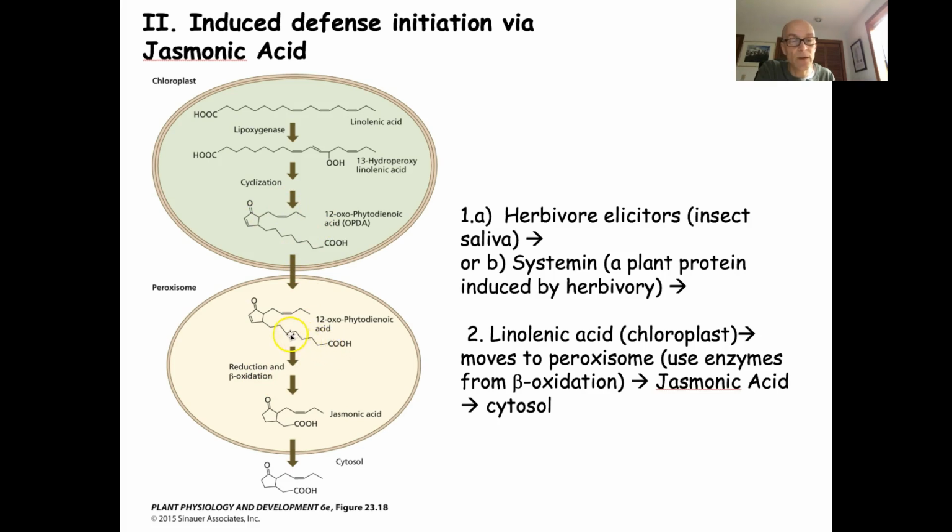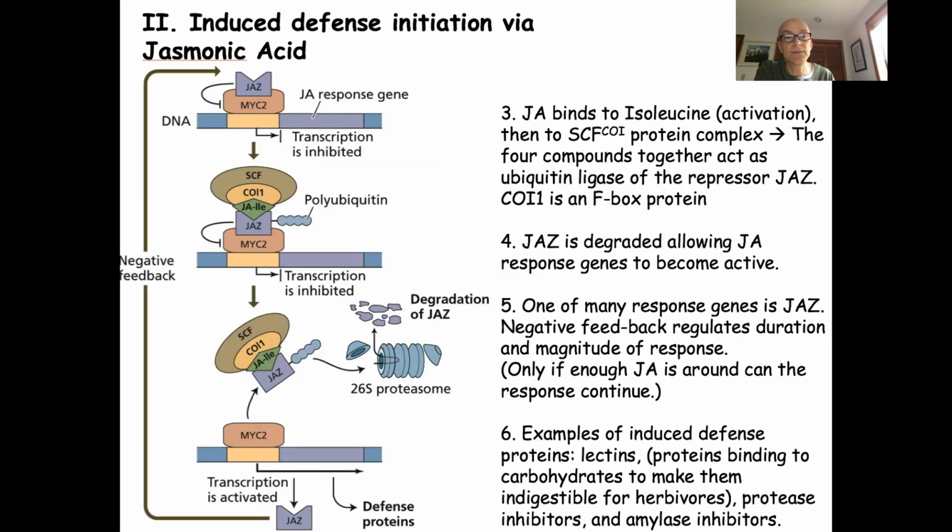So basically chopping away this end that looks like a fatty acid tail, leaving jasmonic acid. So this is jasmonic acid here. And the jasmonic acid is then exported into the cytosol. So those are the first two steps in the responses using jasmonic acid against attack.